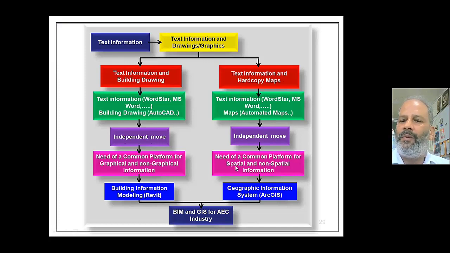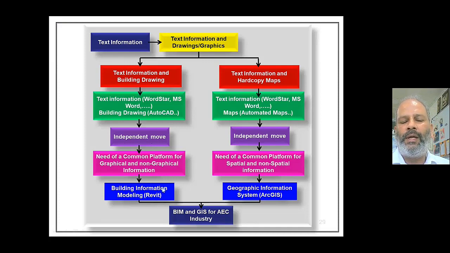Here the graphical information is called spatial, because everything is related to location, with reference to a particular place on the surface of the Earth. So graphical information is called spatial information, and non-graphical information is called non-spatial information. They also felt the need for a common platform, which led to the development of the geographic information system.